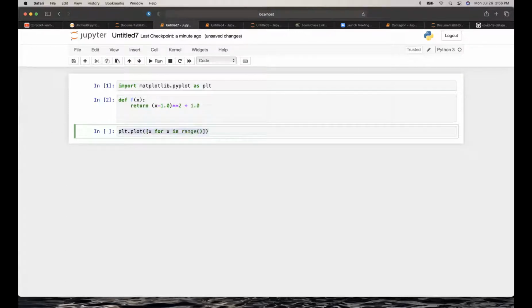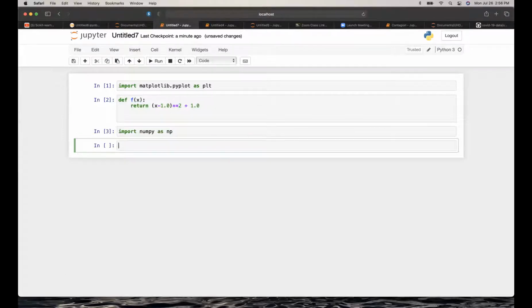Actually, I should be using NumPy. And to make a domain to plot this thing, what is the thing?